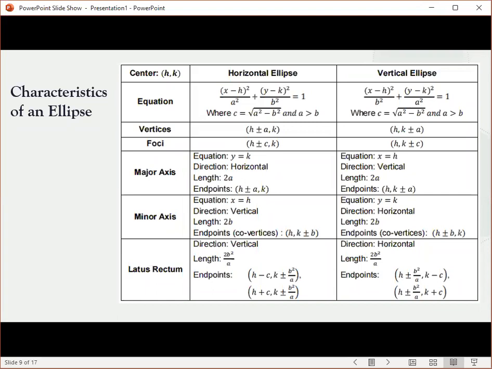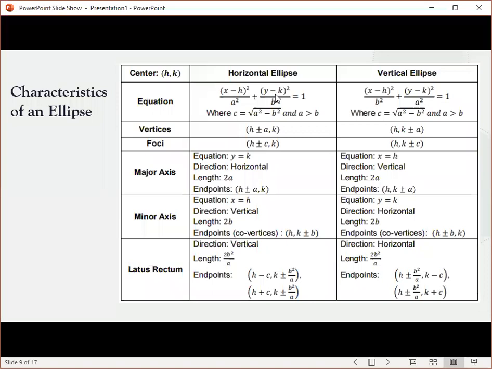If the denominator on the second component is greater than the denominator on the first component, then you'll have the vertical ellipse.